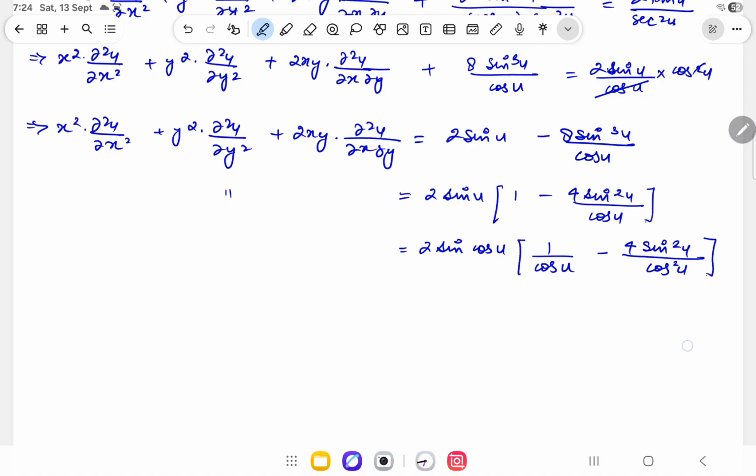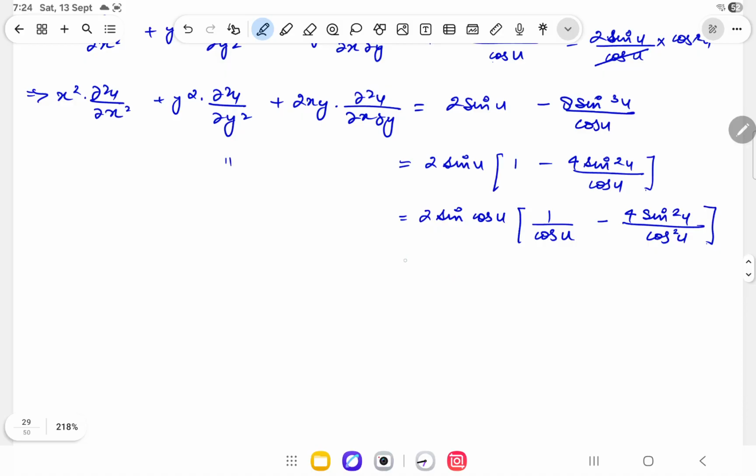And by cos square u it will become, so this thing is equal to sine 2u into, if I take LCM as cos square u, I'll be getting cos u minus 4 sine square u.